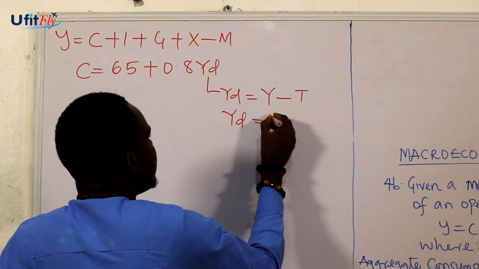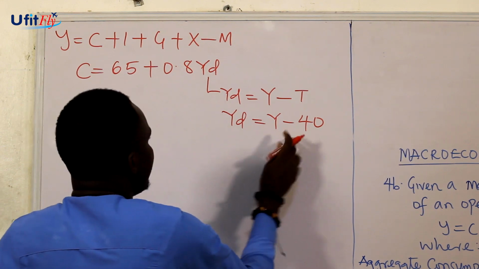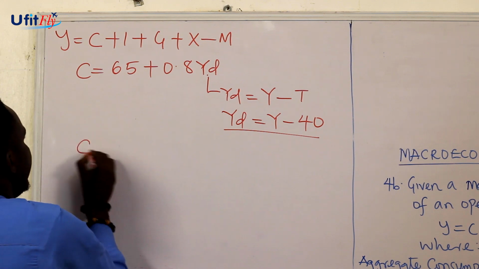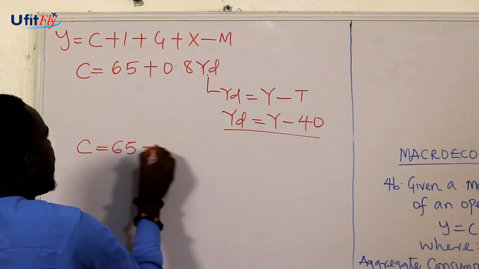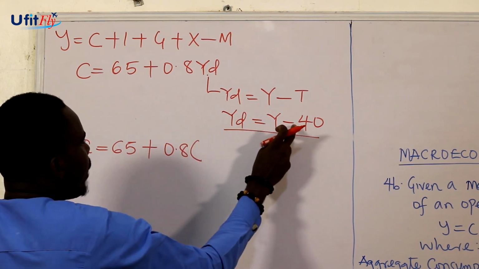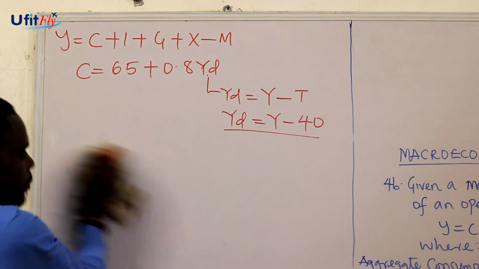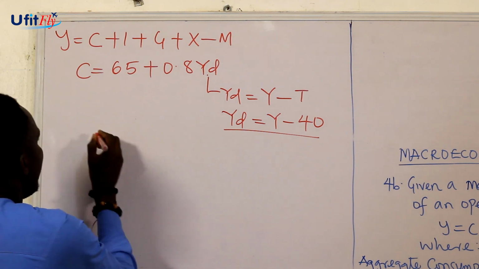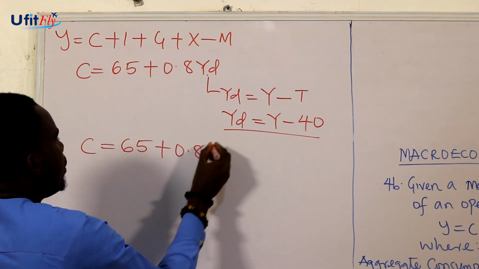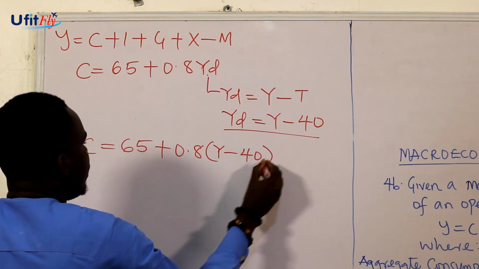Therefore, YD equals Y minus 40. We can substitute this value of YD into this. As such, we have C equals 65 plus 0.8 times YD, which is Y minus 40.